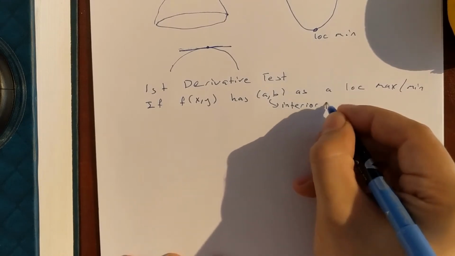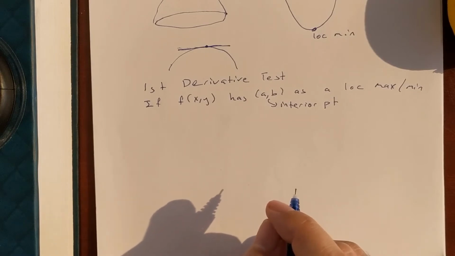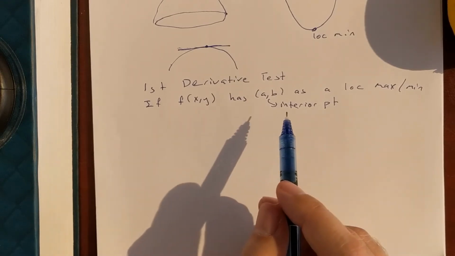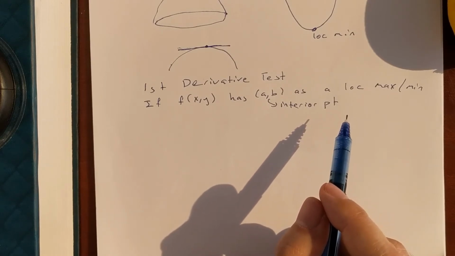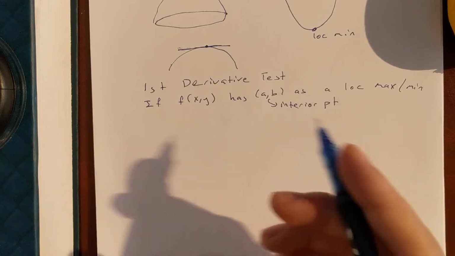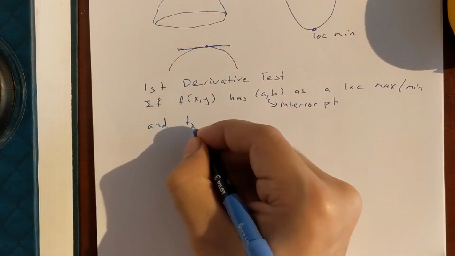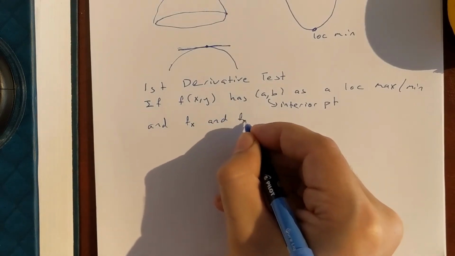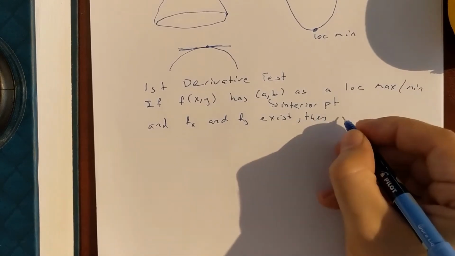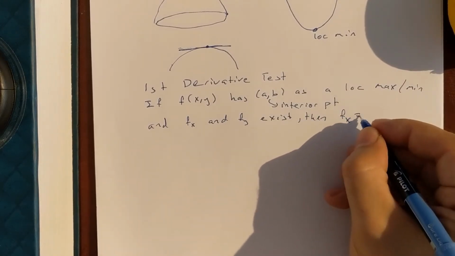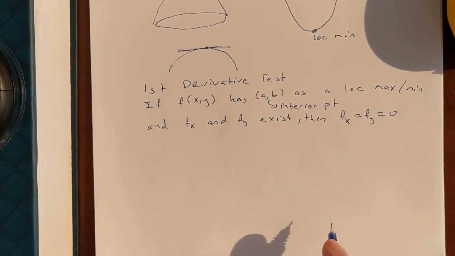That's very important. You can't do these on the boundary. On the boundary, you have to do something else. We'll talk about it later on. If f of xy has a local maximum or minimum at AB, and the first partials f sub x and f sub y exist, then what needs to happen is they both need to be zero. f sub x equals f sub y equals zero. They both just have to be zero.